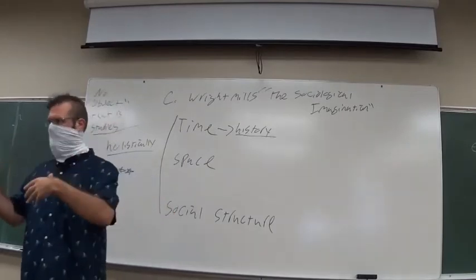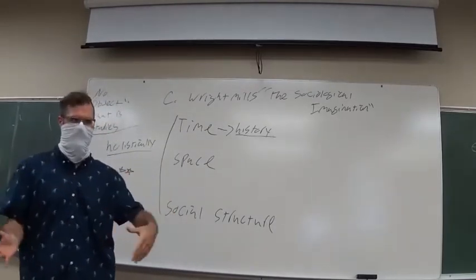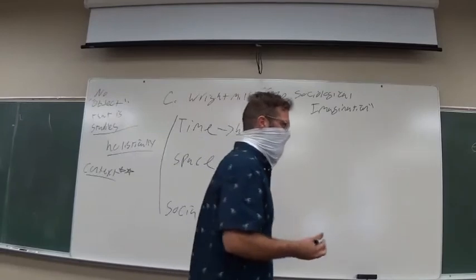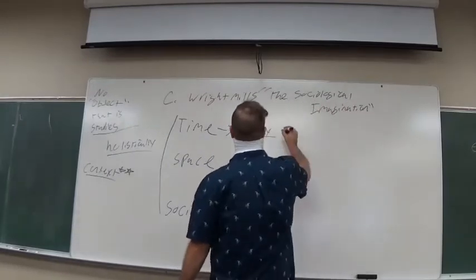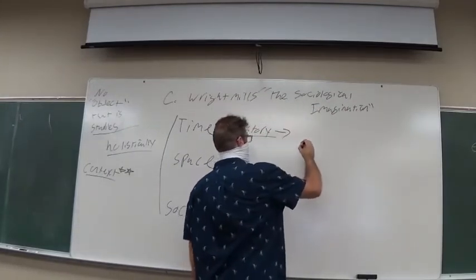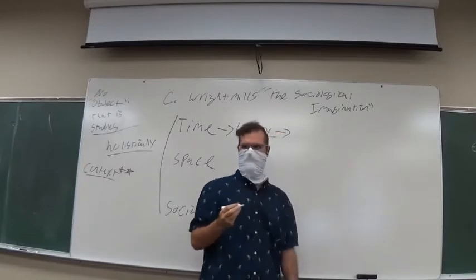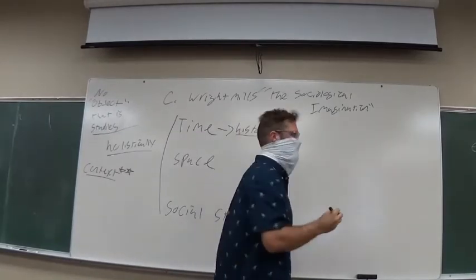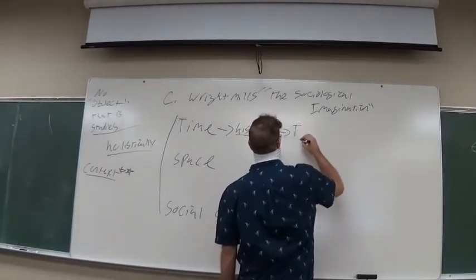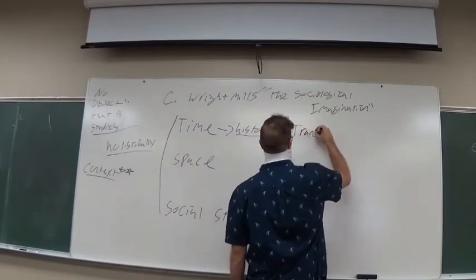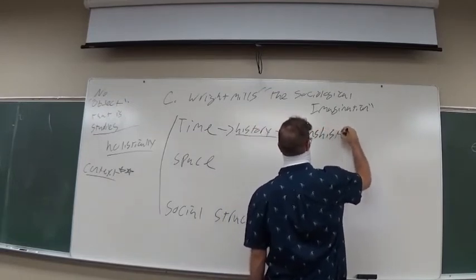To understand the present, we have to understand the past. We have to understand things through time. One thing we have to avoid in sociology, and this is a good catchword, and you'll probably hear me drop this word quite a bit, is explanations that are trans-historical.